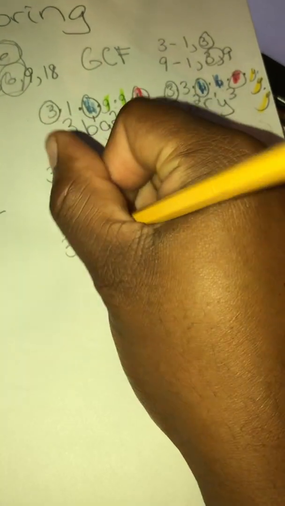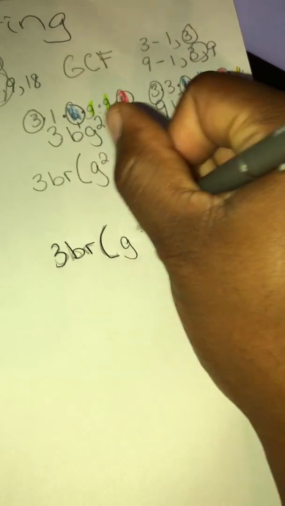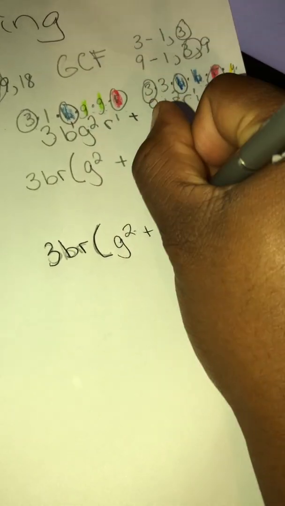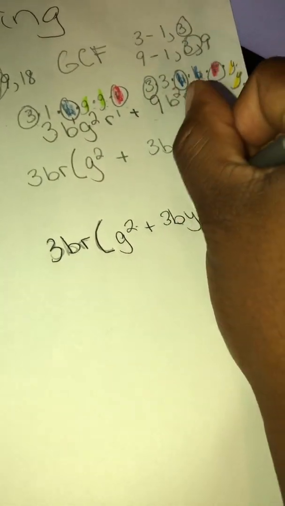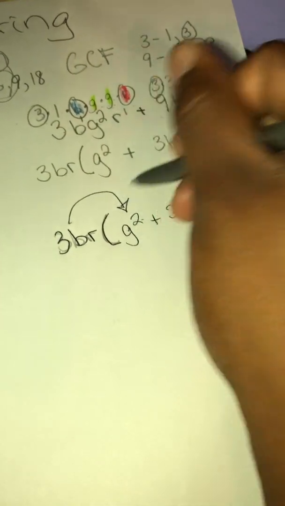Now, how would you know if you were correct? So I'm going to rewrite the problem below. And in fact, I'll write in pen so that you could see the differentiation between what was done. Alright, so when I distribute this here, I am going to get 3 times 1, which is 3.